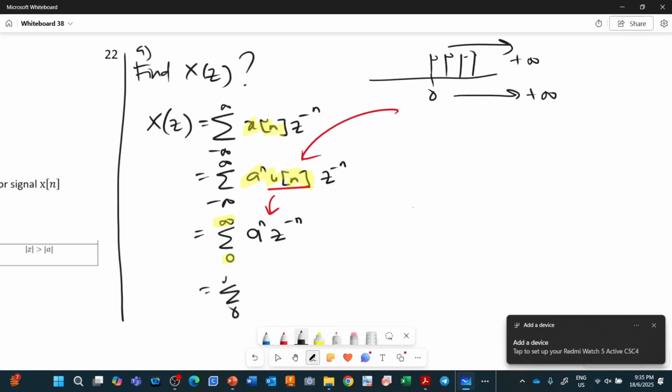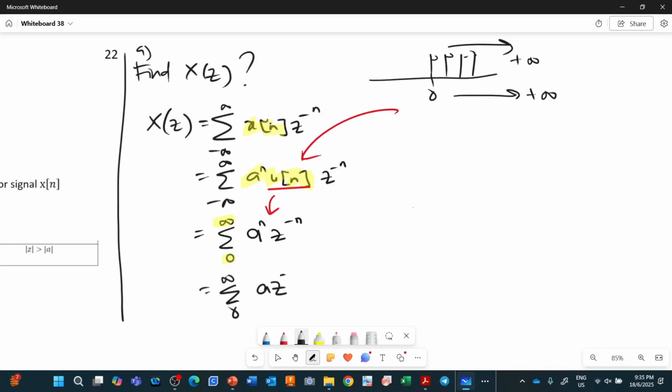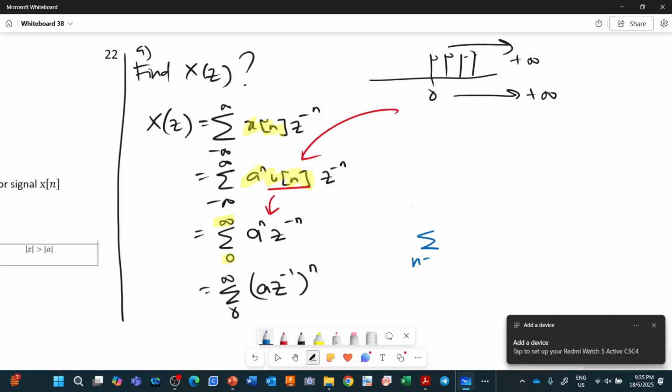Okay. After this, we rearrange again: summation from 0 to infinity of (a z^(-1)) to the power of n. Why? Because we want to make it into the summation equation from just now. According to the mathematical equation, summation of n equals 0 to infinity of a^n equals 1 over 1 minus a.